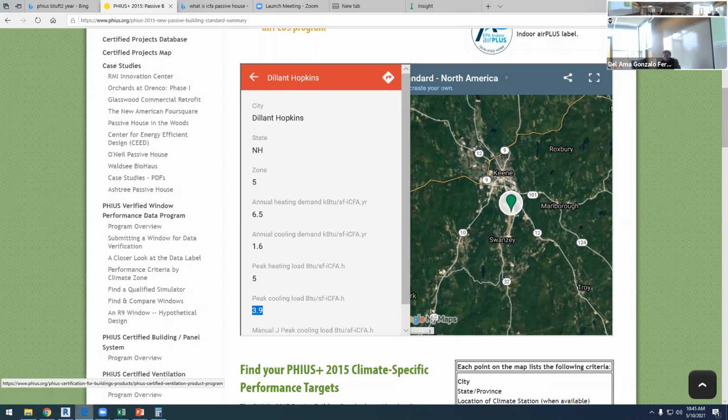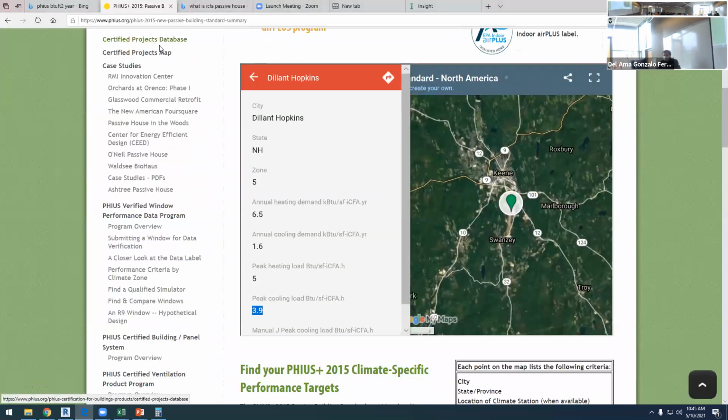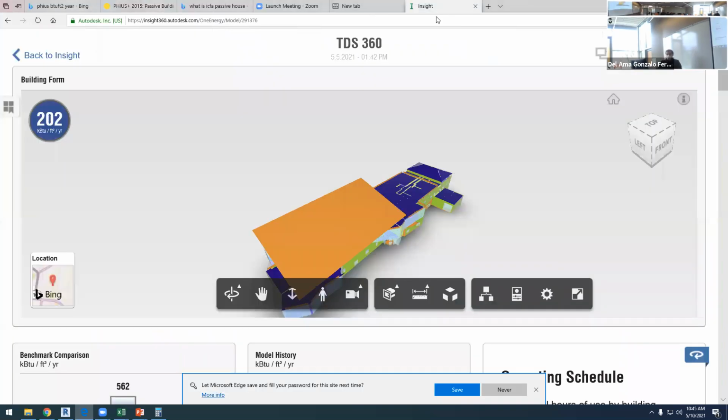Anyway, if we look at the inside, this figure 202 is the total energy consumption, not only the heating, not only the cooling, but the energy, the computers, so everything that is using energy, we add everything up, and this is the final figure.